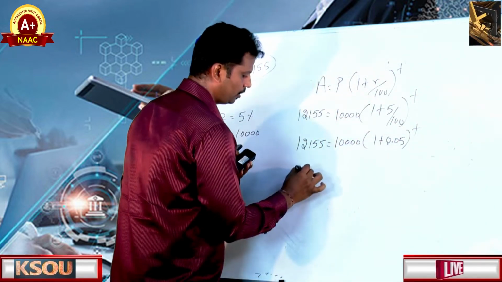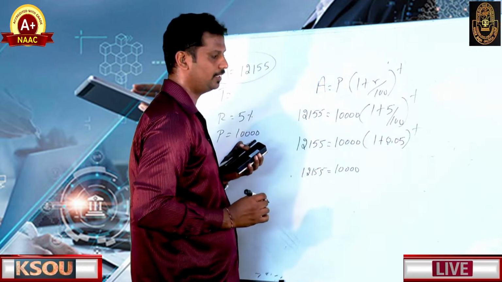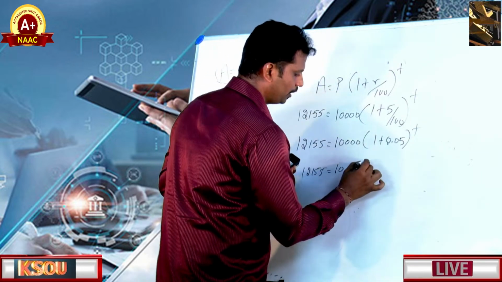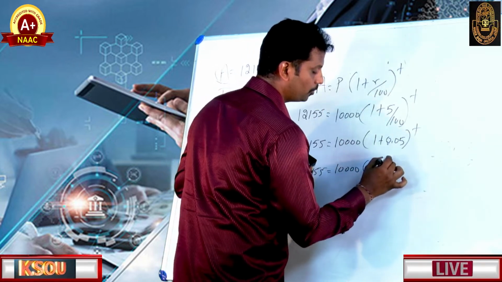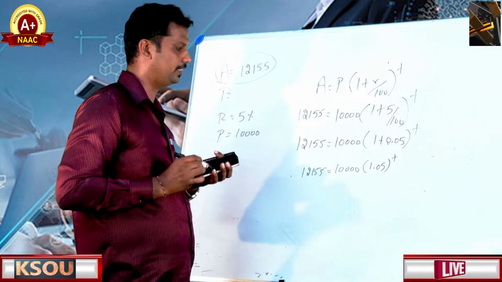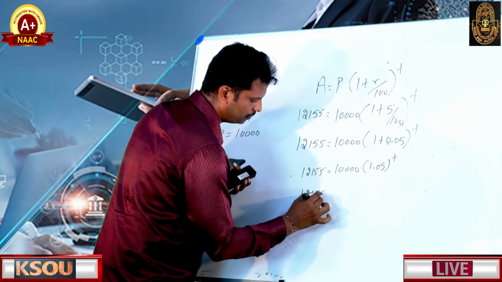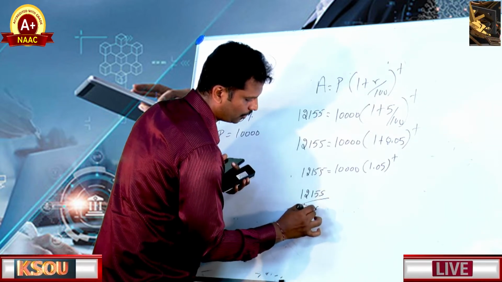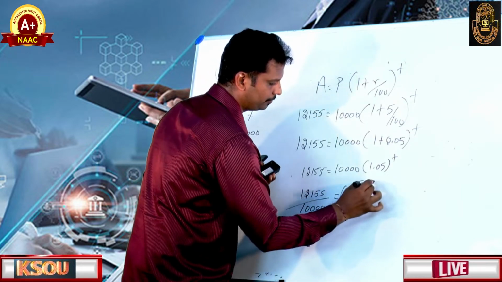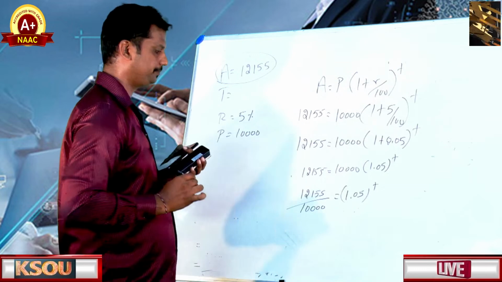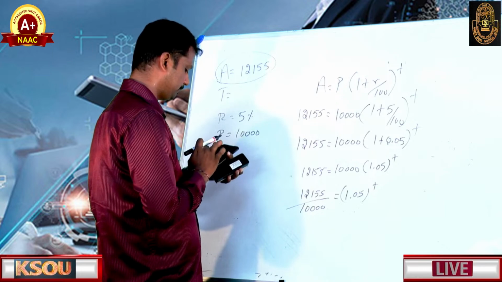T. 12,155 equals 10,000 into 1.05 to the power of T. Next, 12,155 divided by 10,000 equals 1.05 to the power of T. What is the power of T? Now what is the value? What is the value for this one?